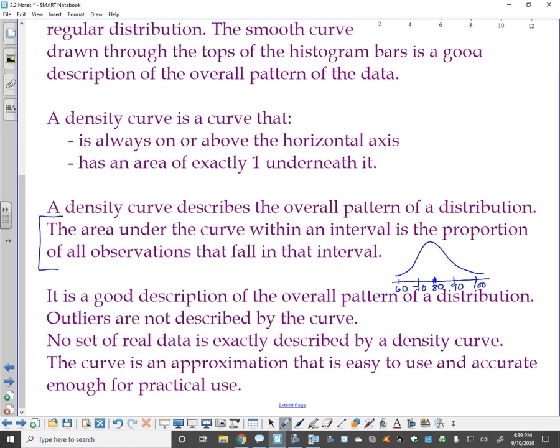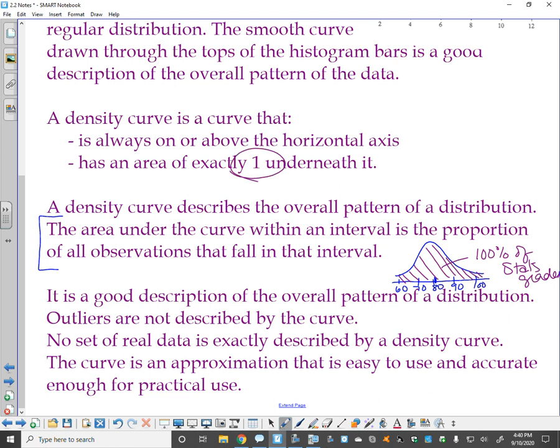Looks like the mean and the median sit at about an 80. Now what this is saying is that the area under this curve, so all of this shaded part, represents 100% of the stats grades.